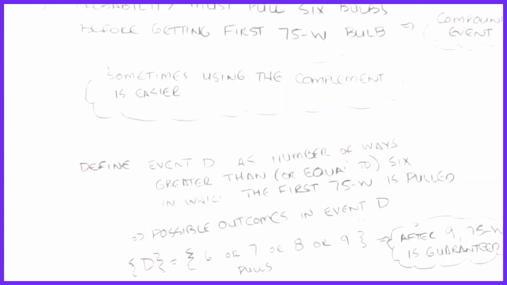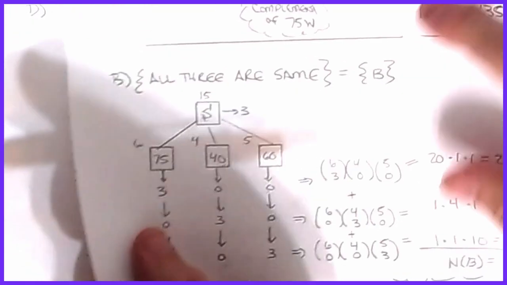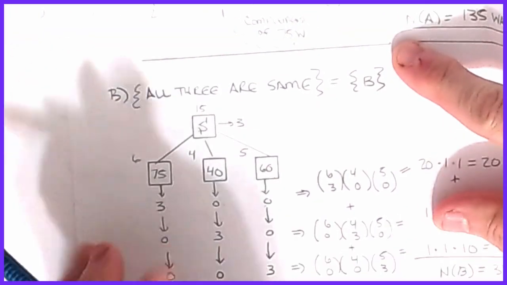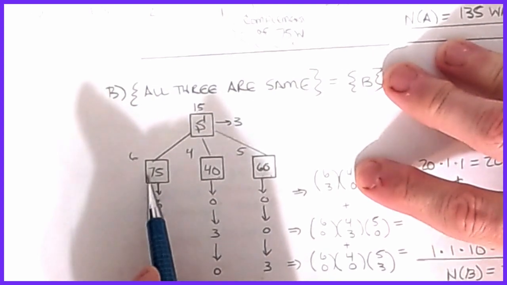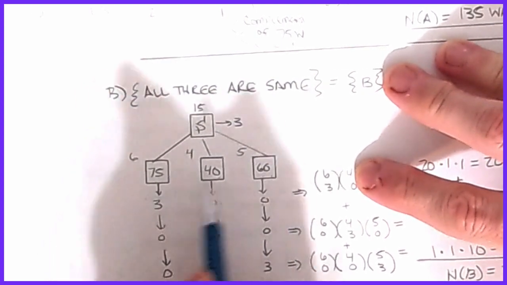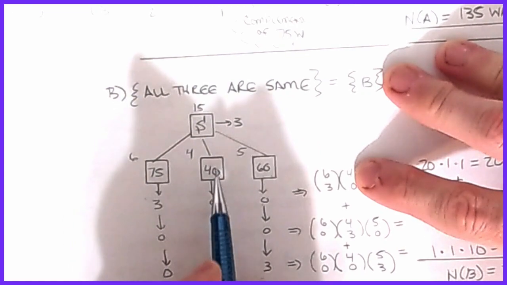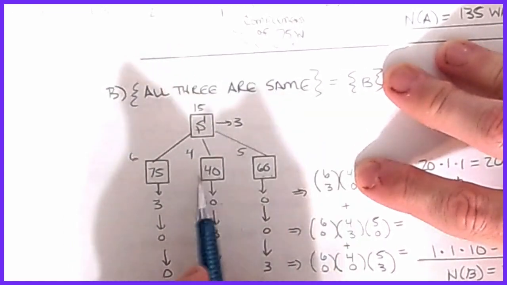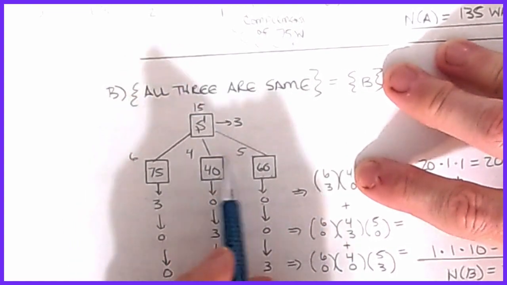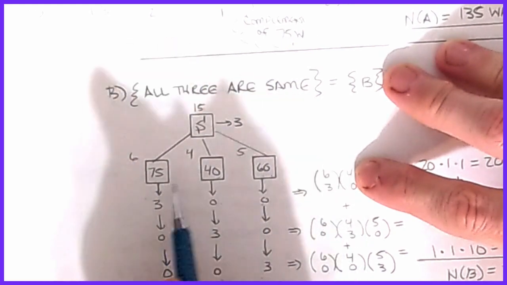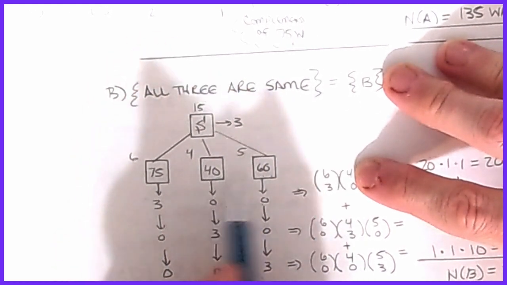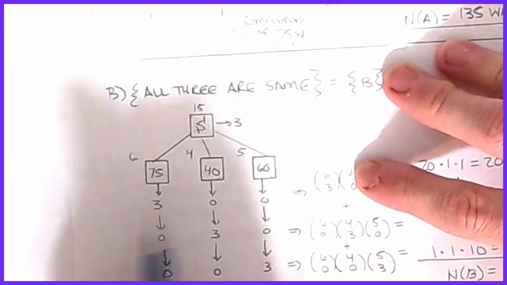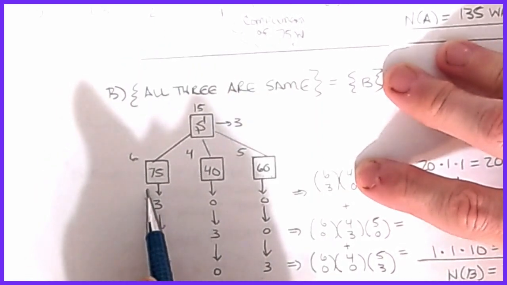If you remember, in our bulbs, if we pull back our picture, and I'll throw one up here that had the values listed, if I'm pulling from here the first time, the only way I don't get a first is I have to pull out of here. On the 10th pull, I've exhausted all of these because there's only 9 total. So anything from 10, 11, 12, 13, 14, 15, you're guaranteed a 75 watt if you get to that number.